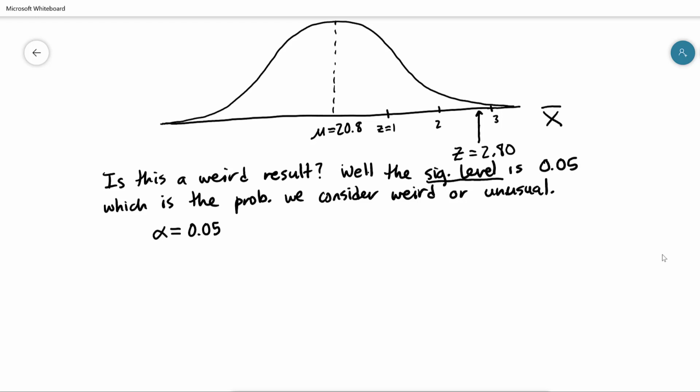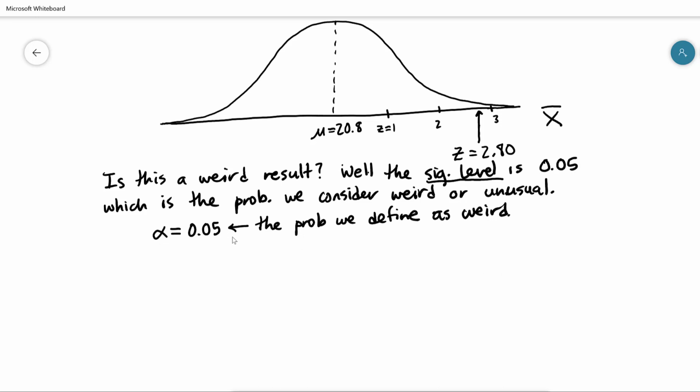So this region is the probability that we're going to define as weird. If I changed alpha to 0.01, what we'd be saying is I'm going to consider something weird if it happens less than 1% of the time.